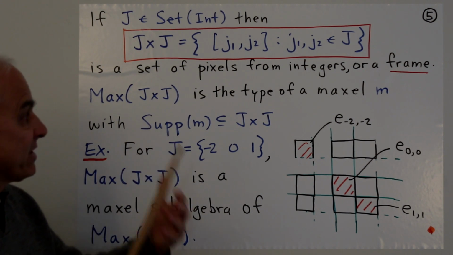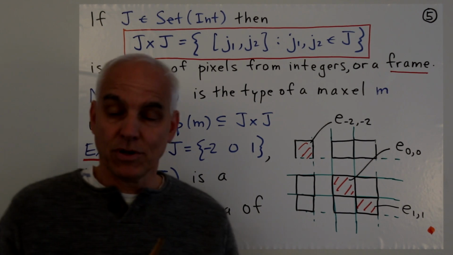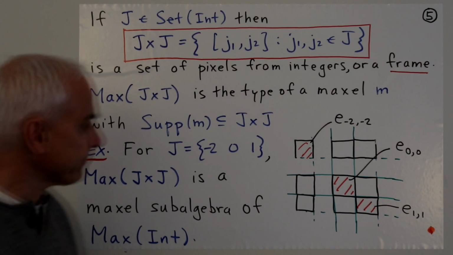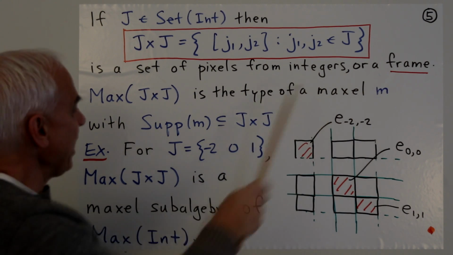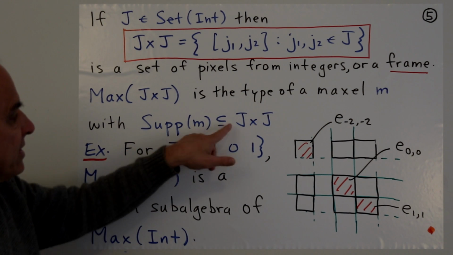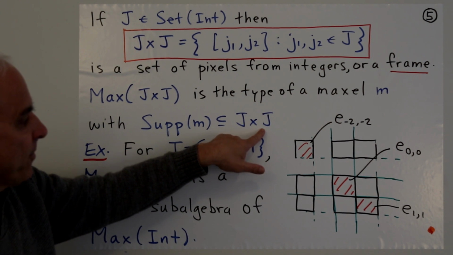And a set of pixels from integers we'll call a frame. Then Max J cross J is the type of a maxel M whose support is in J cross J.